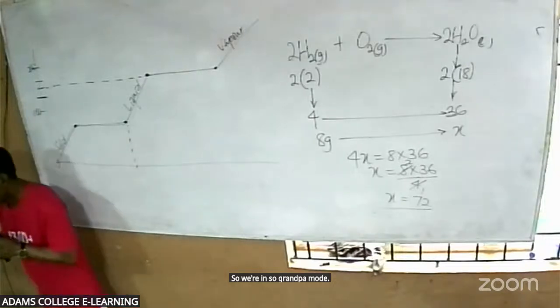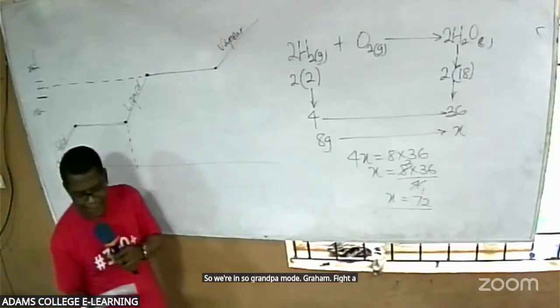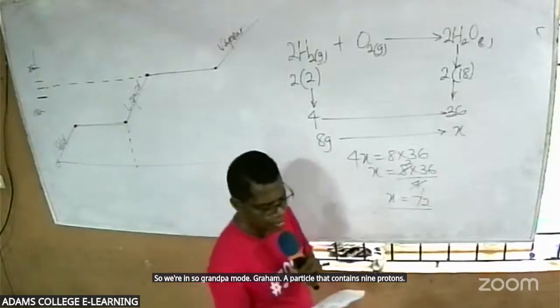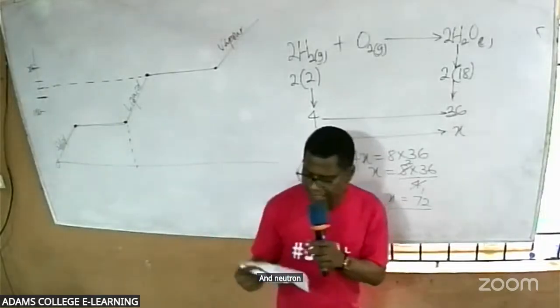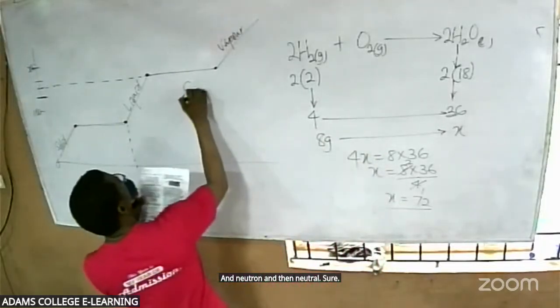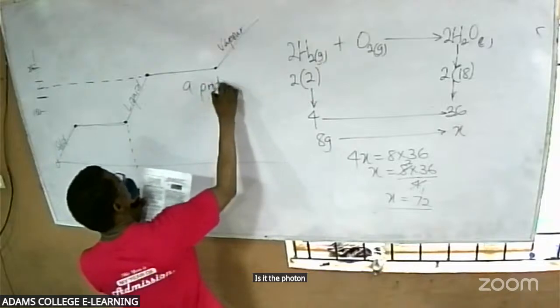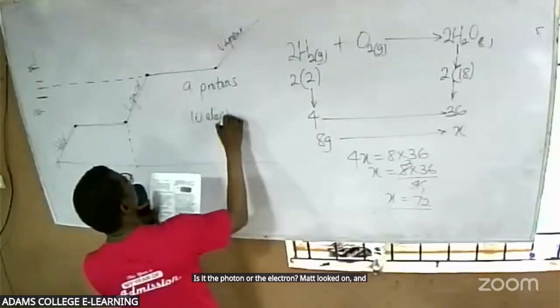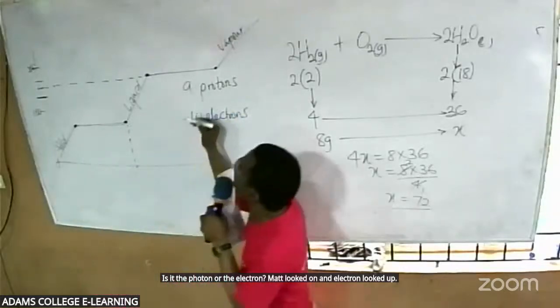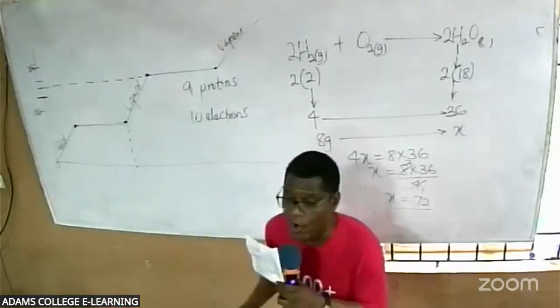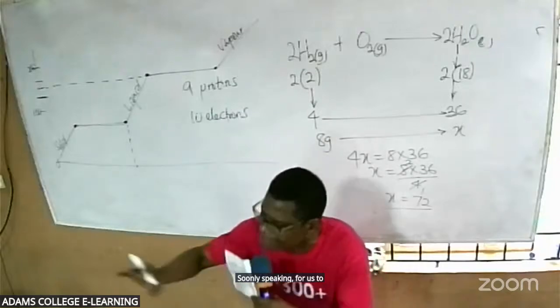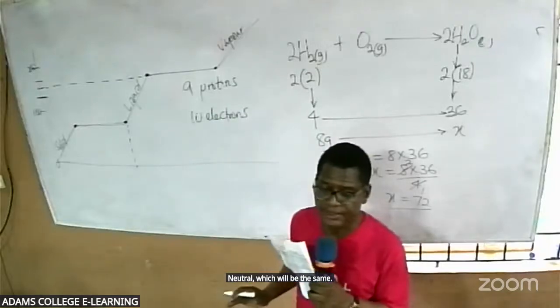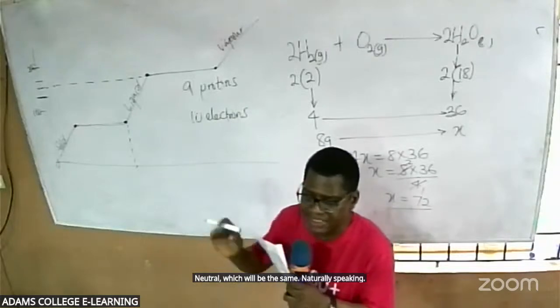5. A particle that contains 9 protons, 10 neutrons, and 10 electrons. Which one is more? Is it the proton or the electron? 9 protons, 10 electrons. Look up. Naturally speaking, for us to be electrically neutral, we should have the same number. At the atomic level, we must have the same thing.